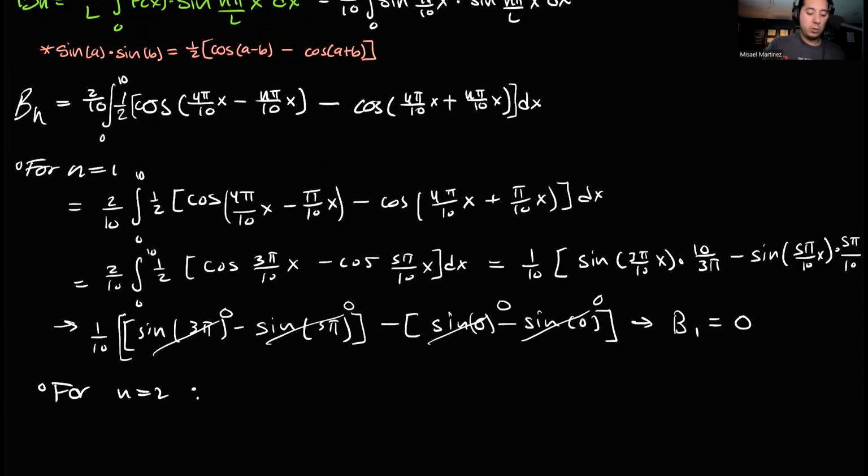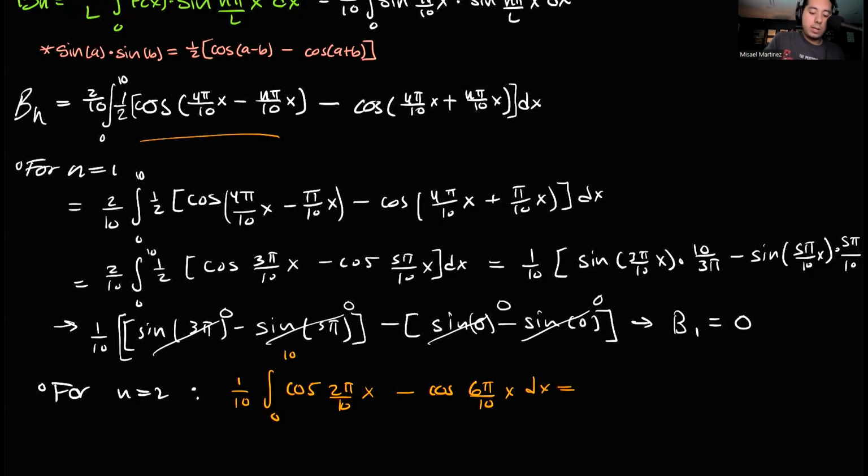If we use the same formula right here, let's factor that one, so I get 1 over 10 times the integral from 0 to 10 of cosine of 2 pi over 10x minus cosine of, once again, 4 plus 2, that will be 6 pi over 10x dx.